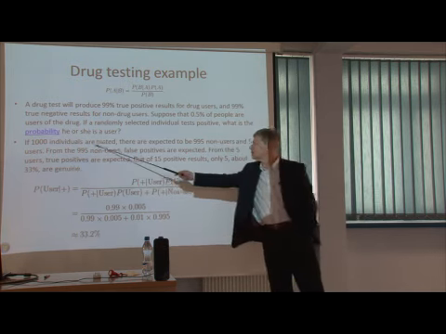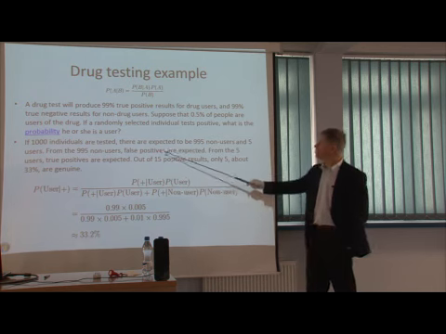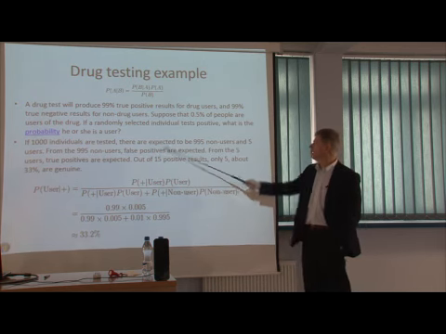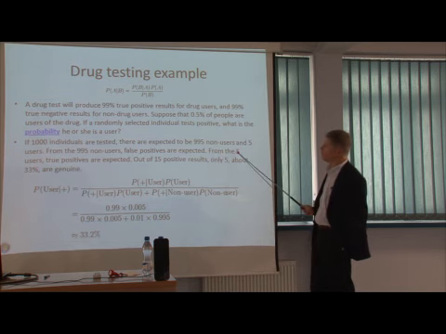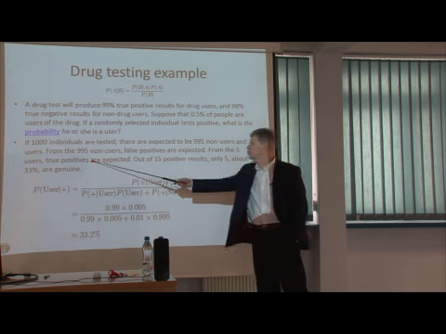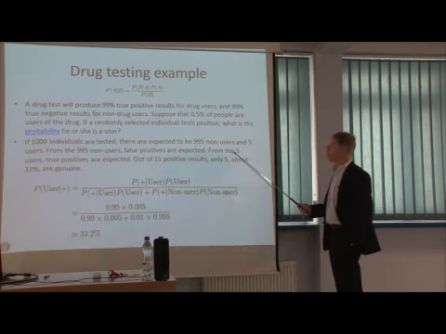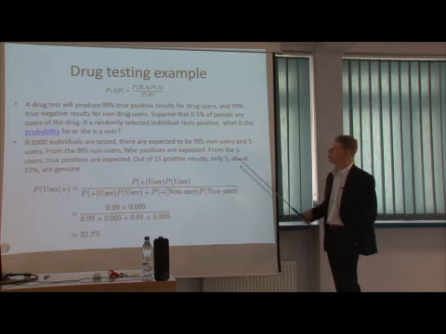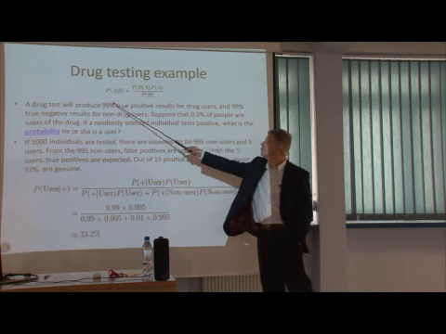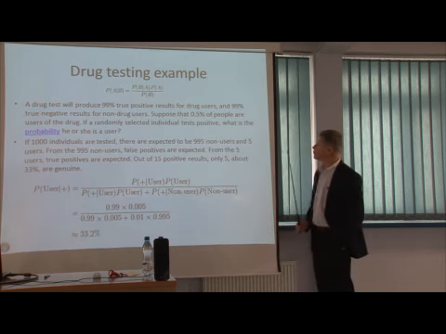From the 995 non-users, false positives are expected. And from the 5 users, true positives are expected. So we can expect that 99% of these 5 people will be tested positively, because that was the number here.